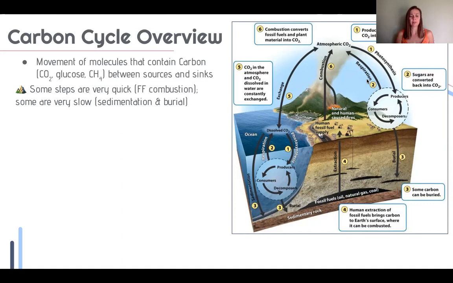That dissolved carbon dioxide is used by photosynthesizers in ocean waters, so algae and plankton, to, just as plants do on Earth, create energy, which is then consumed by consumers. So we have the same cycles of photosynthesis, cellular respiration, and decomposition occurring in the ocean that we have on land. You also have sedimentation and burial occurring in the ocean.